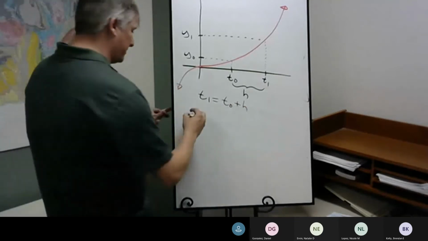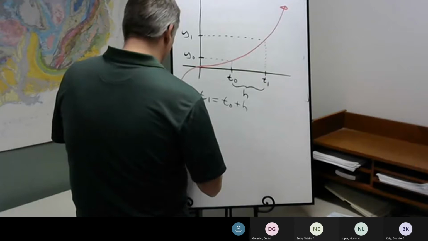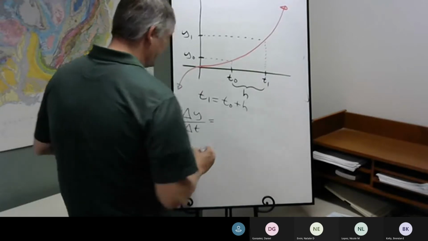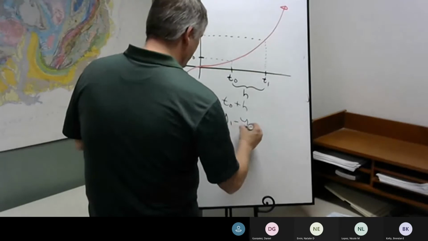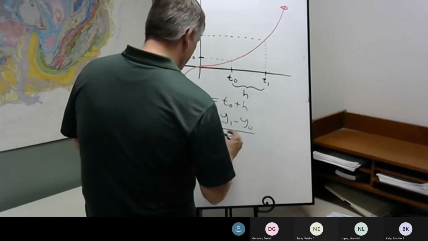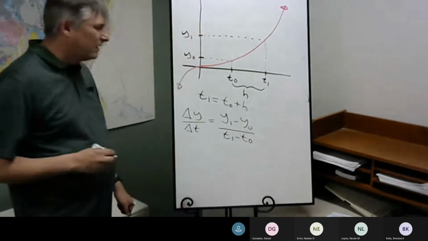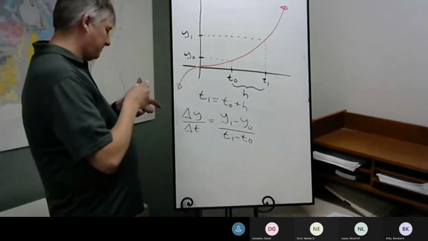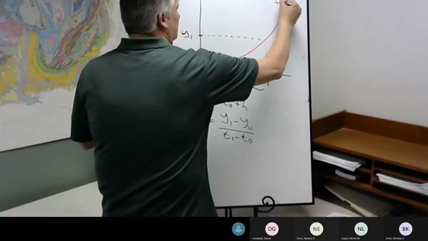This changes our formula. So delta y over delta t is equal to y1 minus y0 over t1 minus t0. Now what we're going to do, this is really f of t, this function.